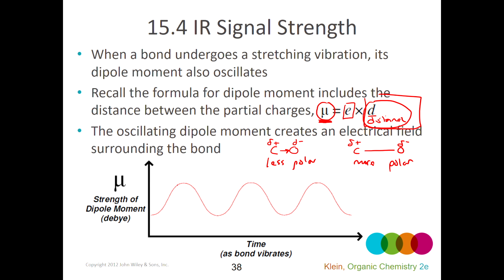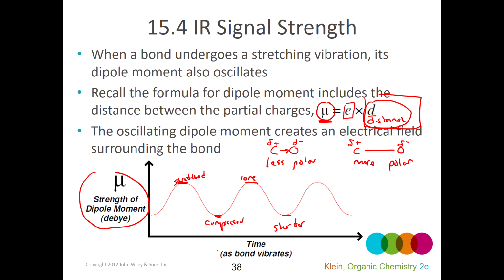When the bond is stretched, the dipole increases. When the bond is compressed, the dipole decreases. So as it's stretching, it gets longer and shorter and longer and shorter over and over again, like a cycle. And that causes its dipole moment to be increased and then decreased, and then increased and then decreased.